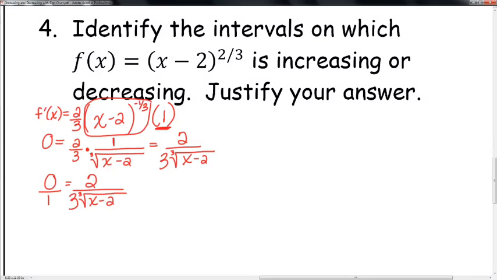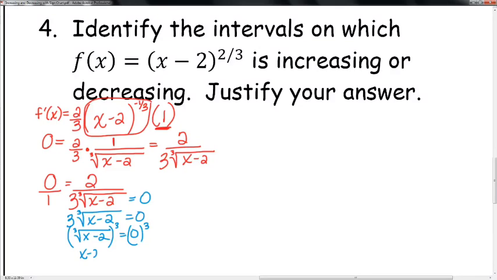But what I can do is find where my function doesn't exist. And so what that means is I have to set my denominator equal to 0. So I have 3 times the cube root of x minus 2 is equal to 0. Divide both sides by 3, and I'm left with the cube root of x minus 2 is equal to 0. If I want to get rid of the cube root, I need to cube both sides.